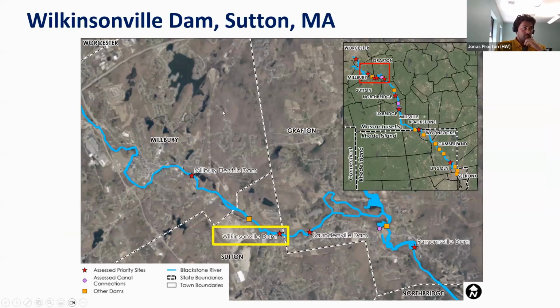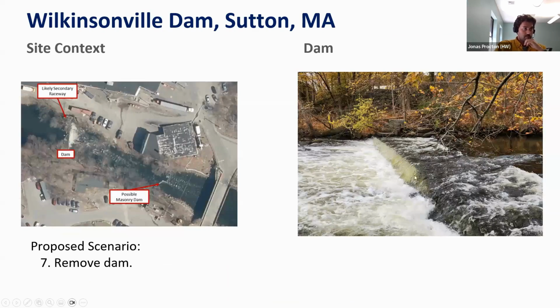Next downstream, Wilkinson Dam down in Sutton. Here's a photo looking from this spot in this parking lot towards the dam. Another pretty small dam, only about 1 or 2 feet tall. It's also stone blocks and large boulders. This one is also a pretty simple scenario of just removing that dam.